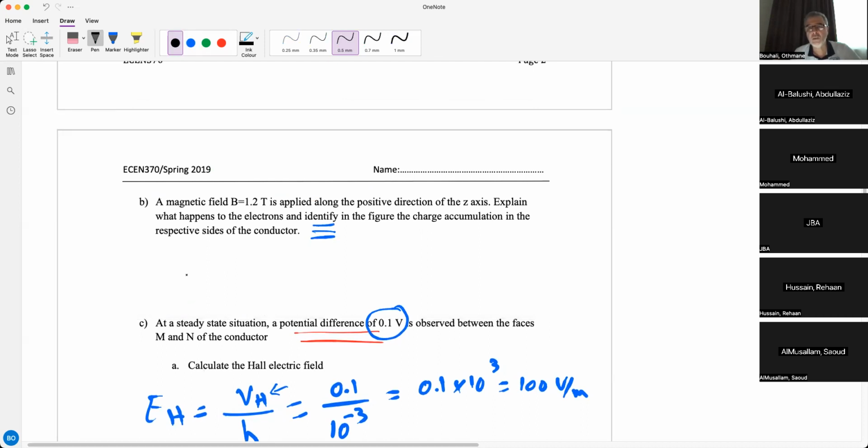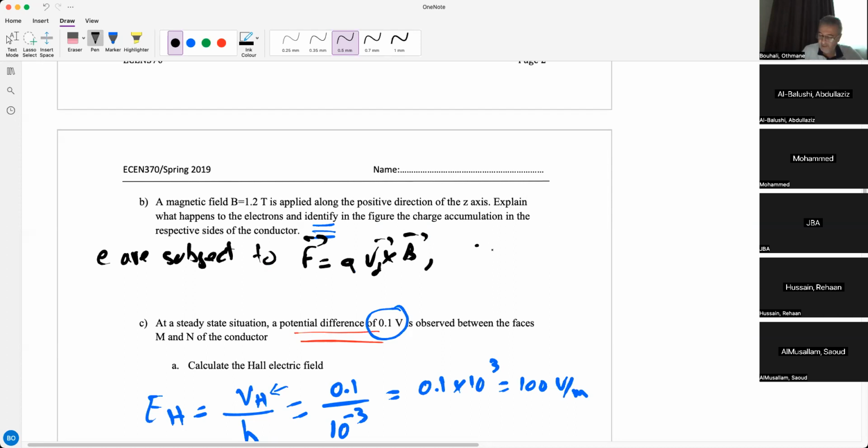Explain what happens to the electrons and identify in the figure the charge accumulation. So the first thing is electrons are subject to a force QV cross B, right? This is your question, this is your answer.